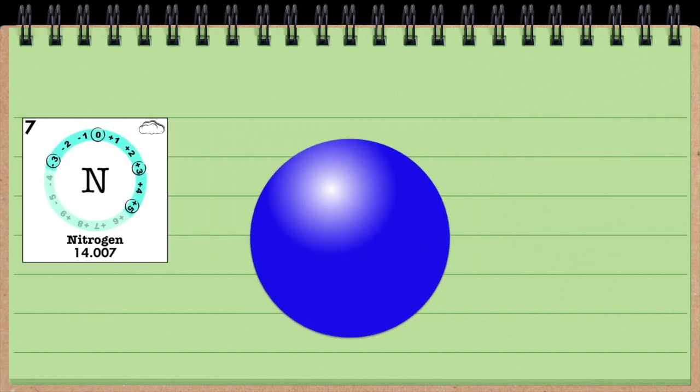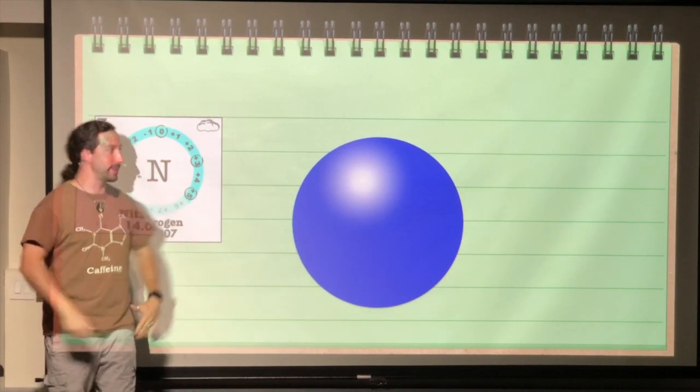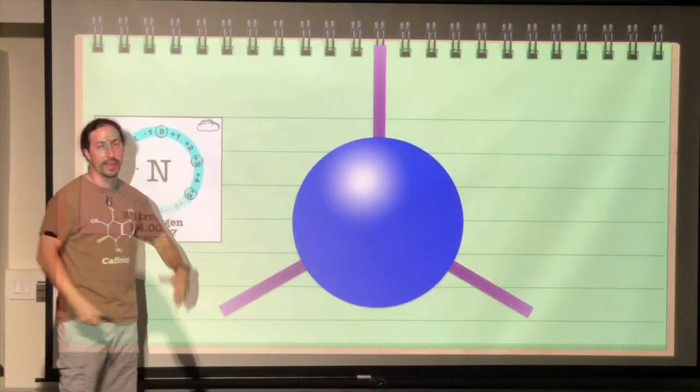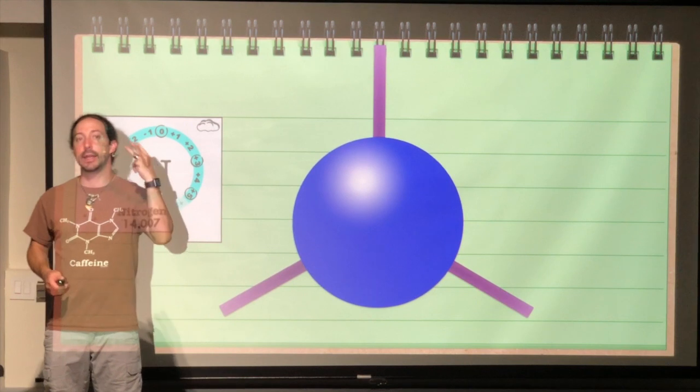nitrogen, well, it only has 3 electrons that it can share. So it can make 3 bonds. You knew exactly where I was going. Or each one of those electrons can pair up with an electron from another element, and then you can have that bond. So, nitrogen can form 3 bonds.